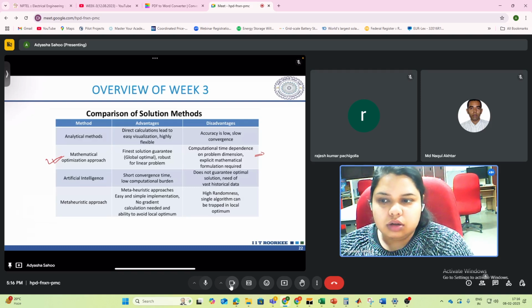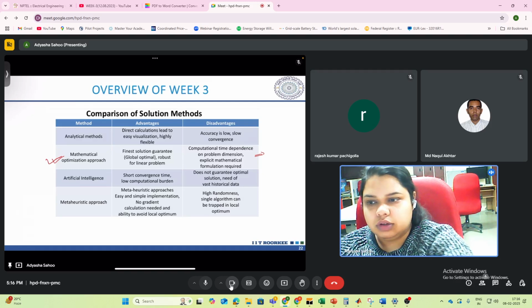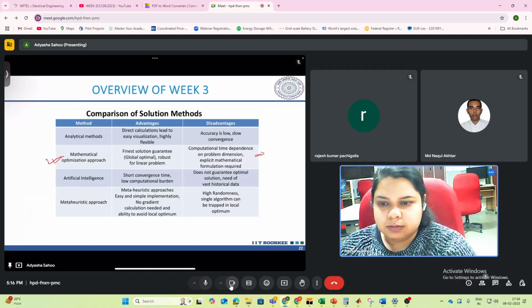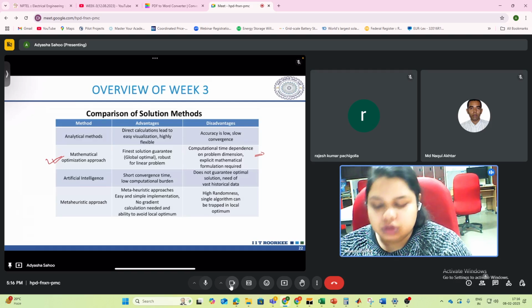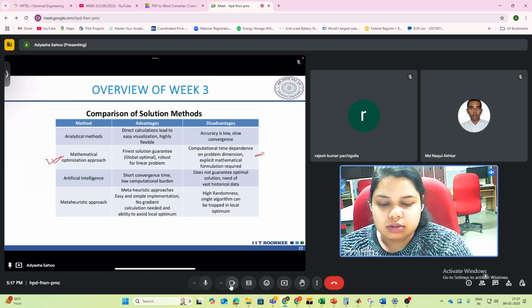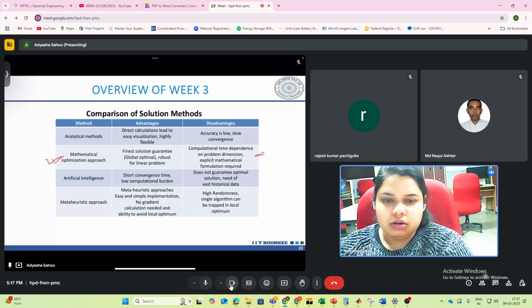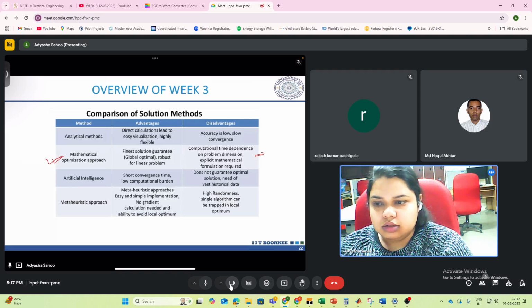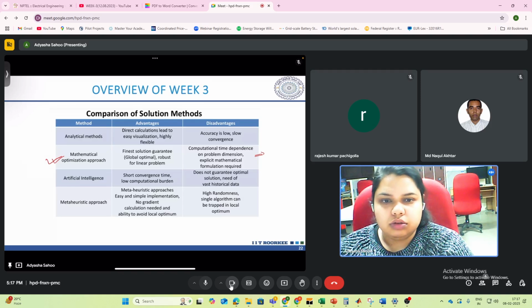But again, for larger systems, these techniques may face issues of convergence for non-linear type of problems. Then the use of artificial intelligence or machine learning techniques. They give very fast results even for larger test systems. But here the optimality is not guaranteed for such systems. And also, to train these models, you need a large amount of historical data with you. Then next is the meta-heuristic approach, popular techniques such as GA and PSO.